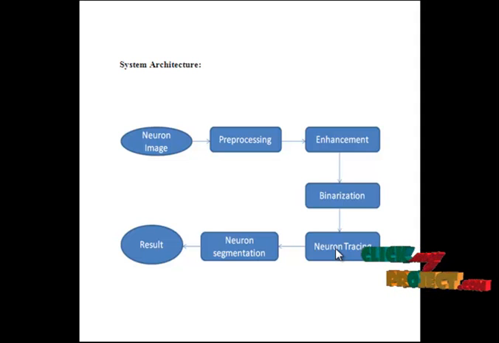It stops completely evaluating a move when at least one possibility has been found that proves that the move is worse than previously examined moves. After neuron tracing, it will pass to the neuron segmentation. After finding the neuron, the segmented neuron will be mapped to the original image. Finally, the mapped image will be displayed, and then we get the segmented result of the neuron.